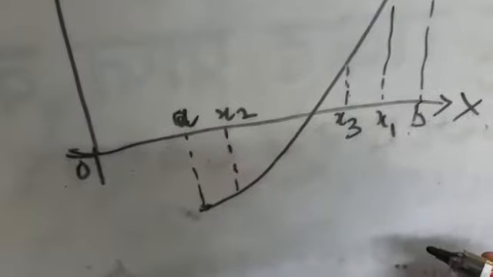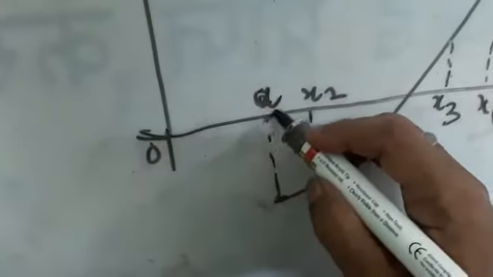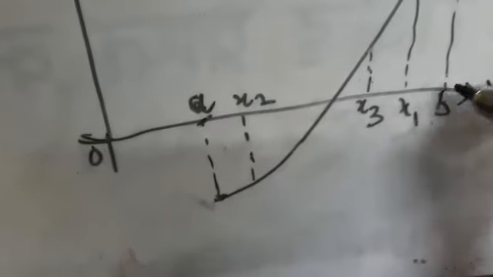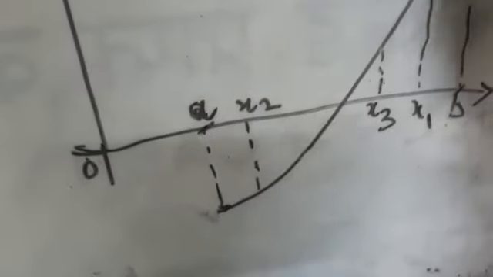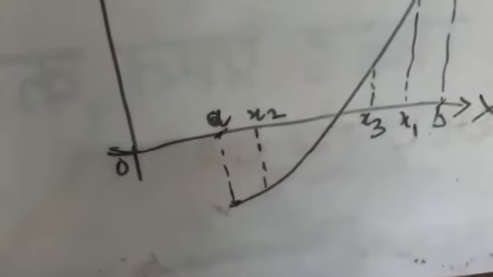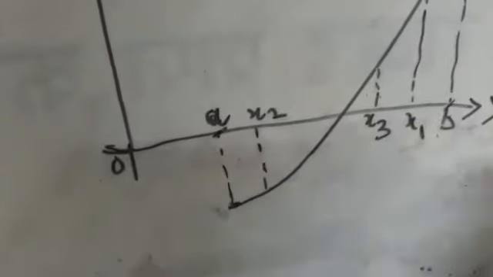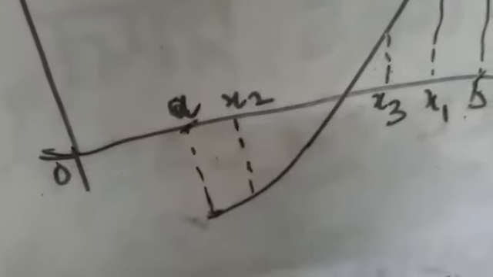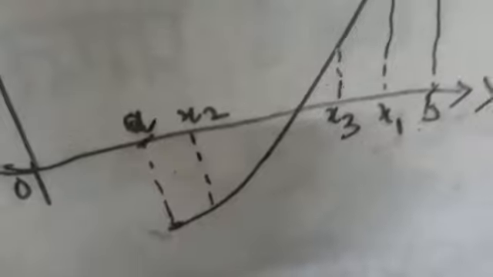For definiteness, if f(a), taking x equal to a, is negative and f(b), taking x equal to b, is positive, then the first approximation to the root is x1 equal to (a plus b) by 2.